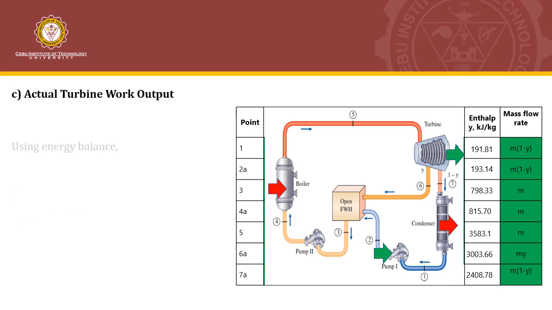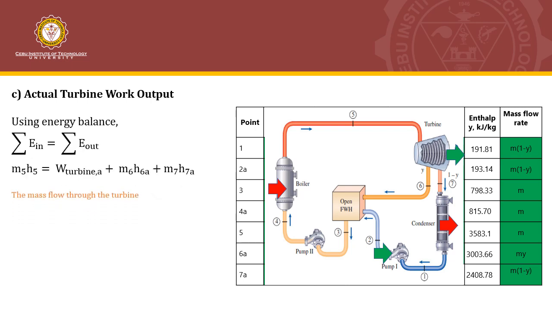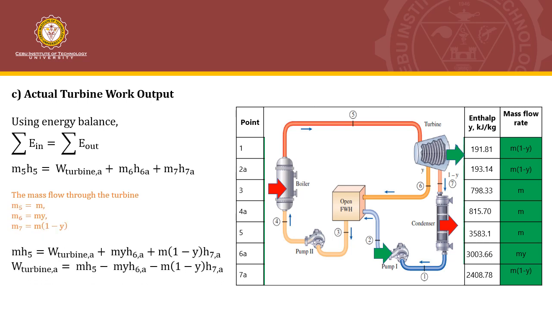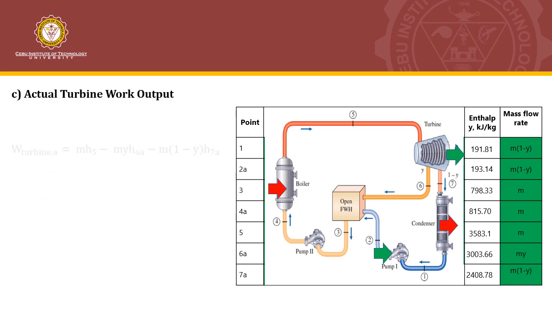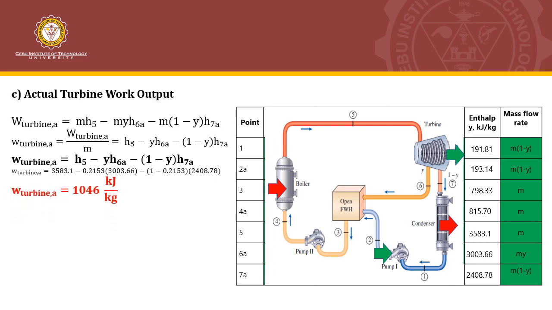For the actual turbine work output, we will have the same process. We just replace H6 with H6A and H7 with H7A. So substituting those values and solving for the actual turbine work output, we will obtain 1046 kilojoules per kilogram.